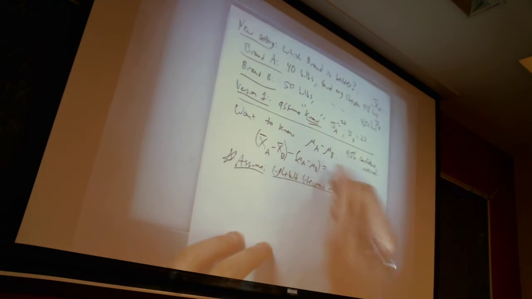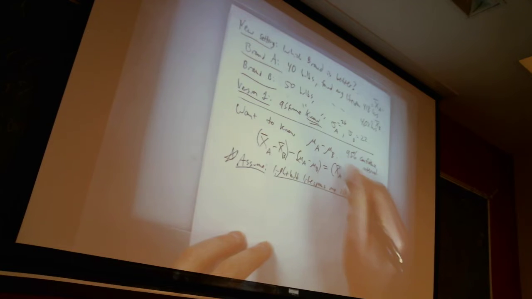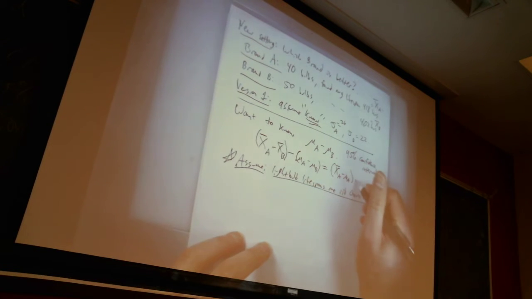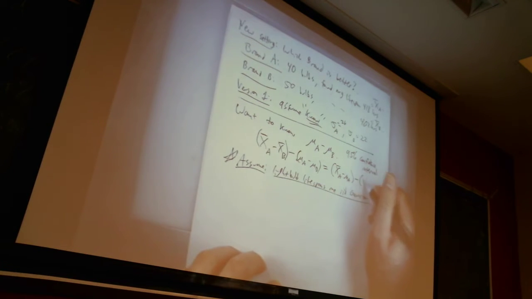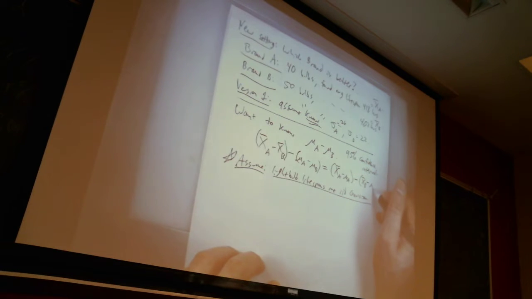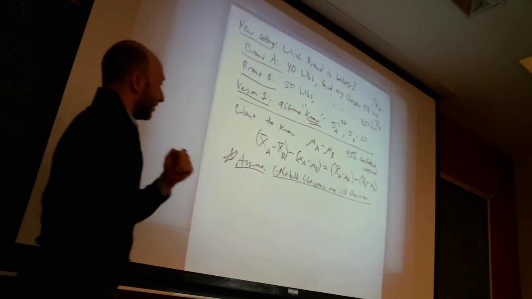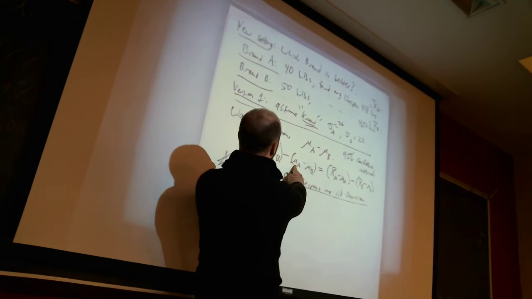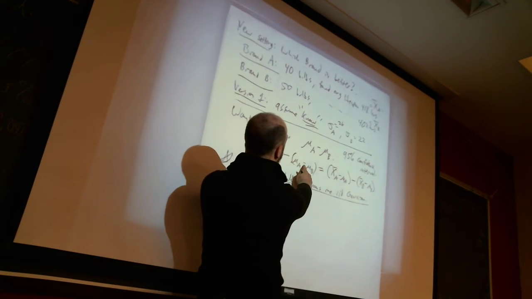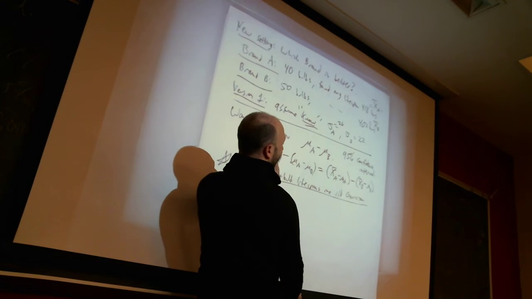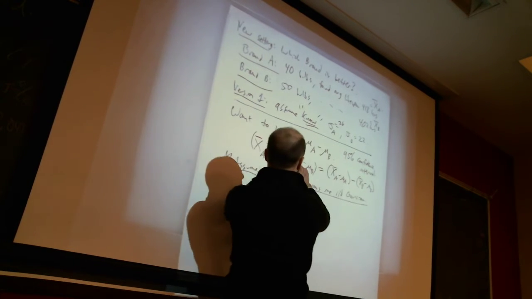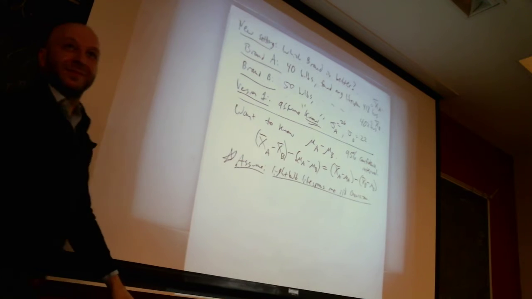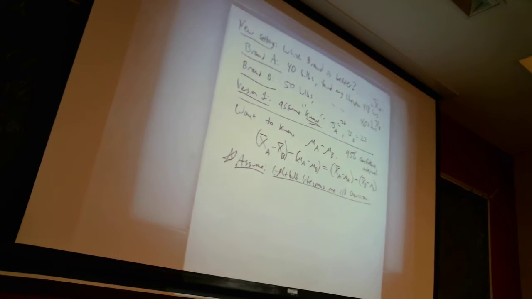The trick is that this is exactly the same thing as x bar minus mu A minus x bar minus mu B. That's the trick. And I hope you see that. X bar minus mu A minus x bar minus negative mu B. So this is a plus sign mu B, this is a plus sign mu B.